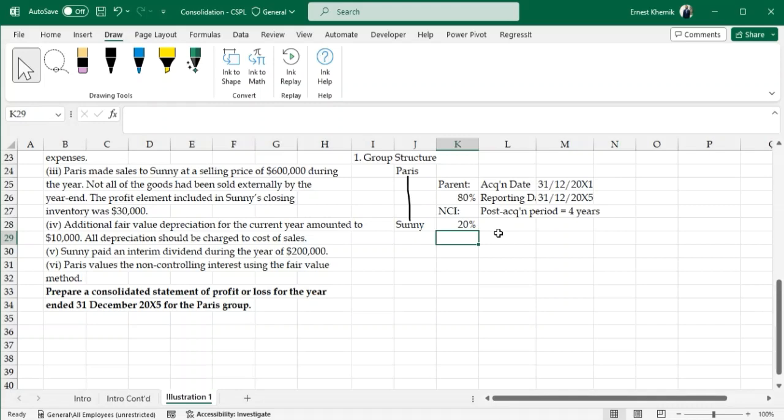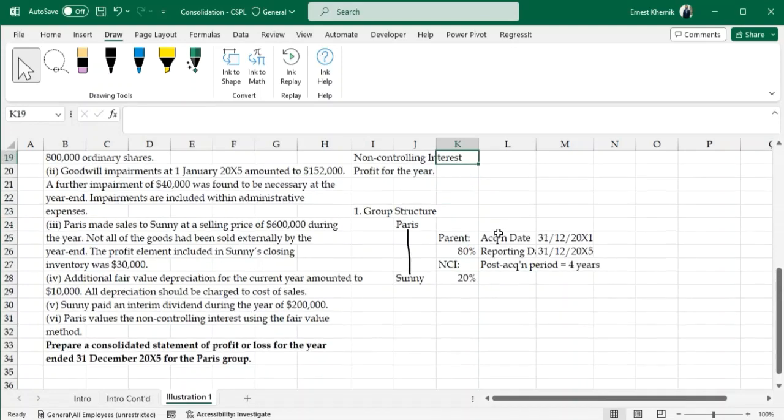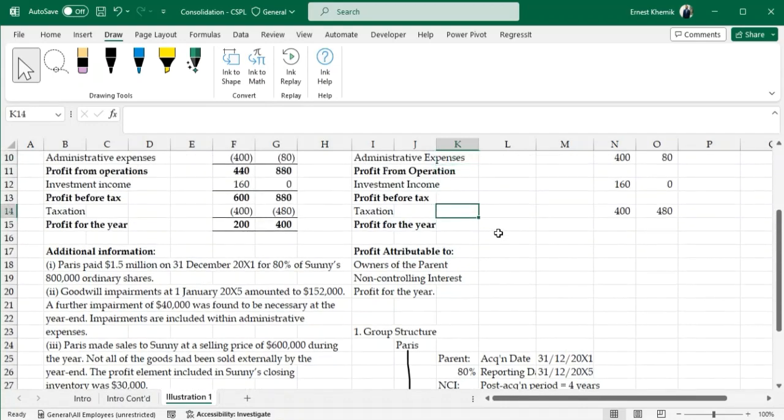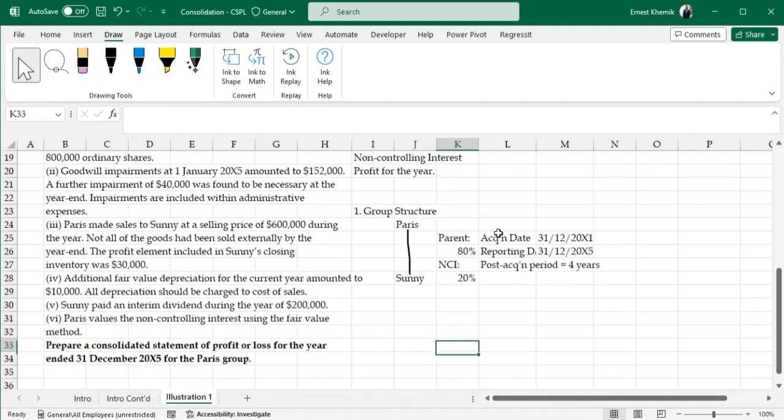Structure is very important, especially when it comes to the determination of the acquisition date, reporting date, and then the post-acquisition period. It also helps you to identify quickly the percentage holding of the parent and the subsidiary. Some of the questions do not actually give you the percentage holding just like that. You have to calculate it out. So the group structure will help you to do all of that, especially when it comes to complex groups. When it comes to complex groups, you will find that the group structure will actually help you out a lot.